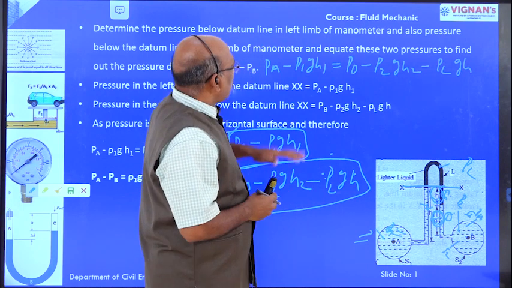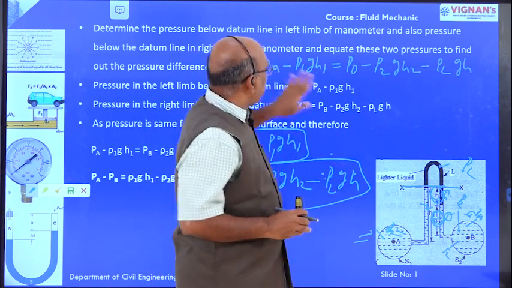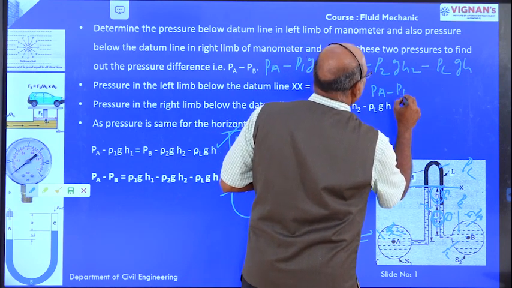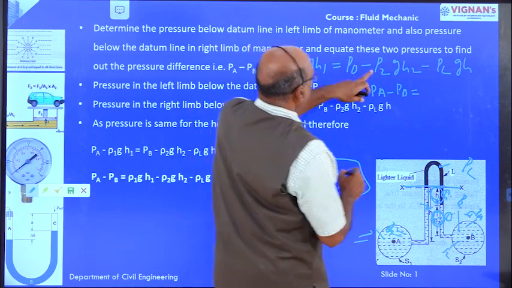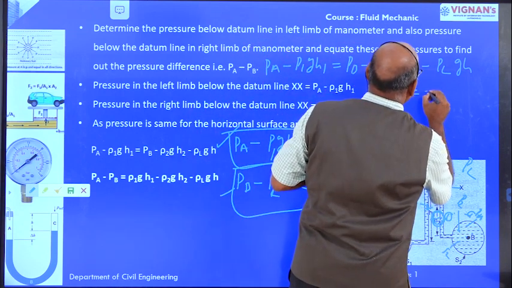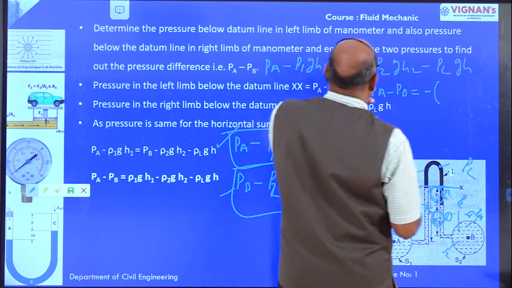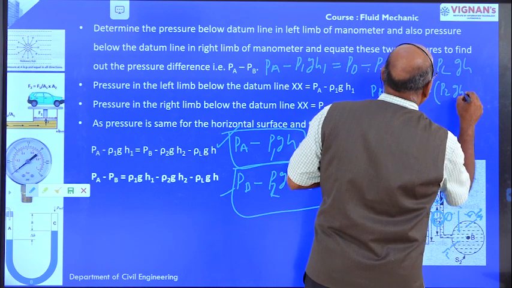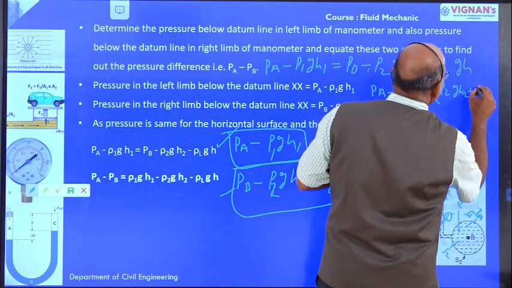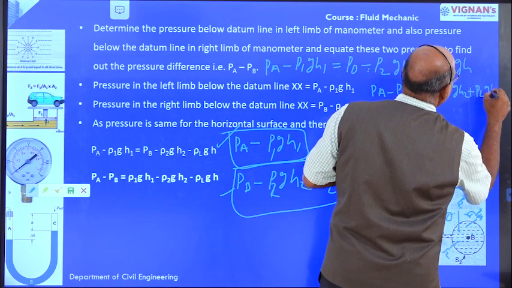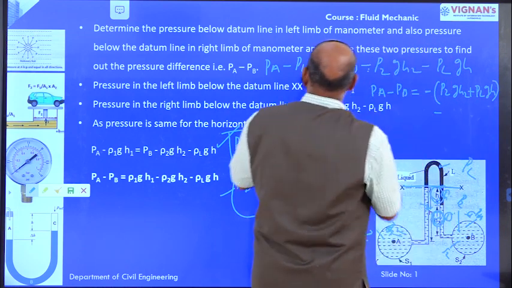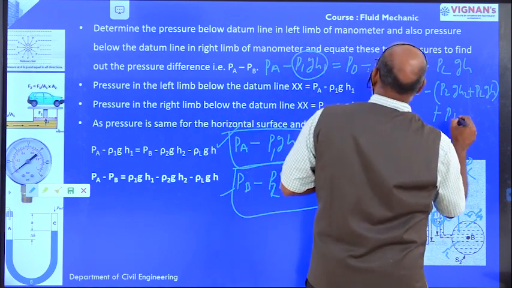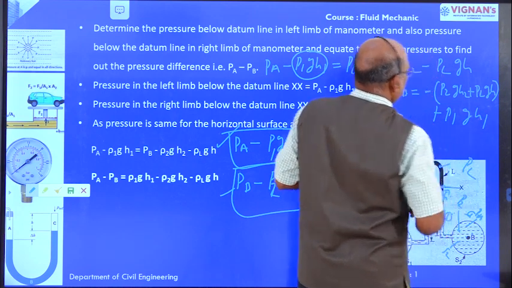Now we are going to determine the pressure difference between pipe A and pipe B. Therefore PA minus PB is equal to, minus taken out, rho 2 G H2 plus rho L G H minus, this is plus, rho 1 G H1.